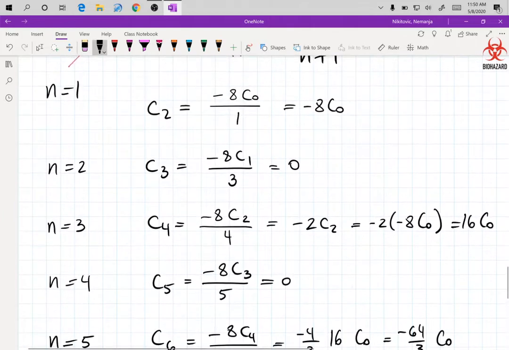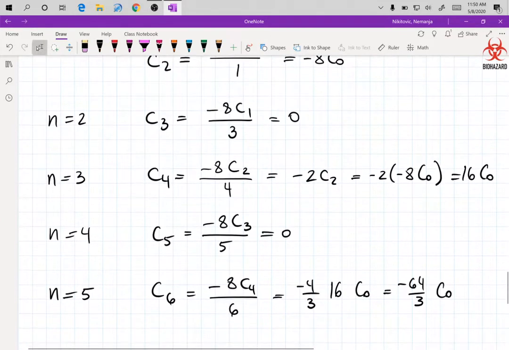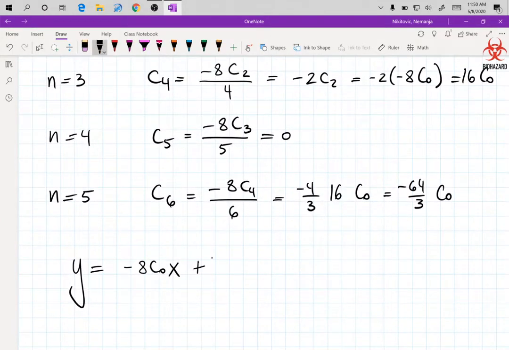The next surviving term is x cubed, so 16 c0 x cubed. And then the next one is minus 64 over 3 c0 x to the 5 plus... it will go forever.